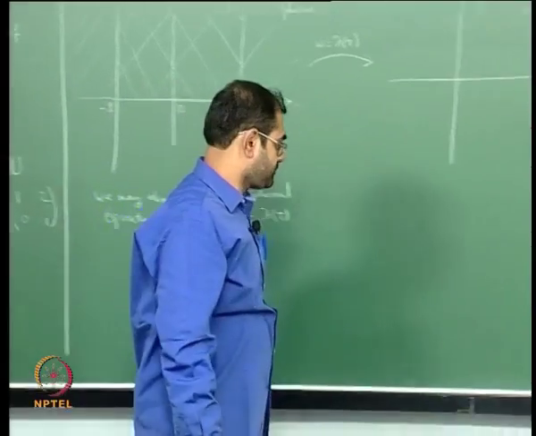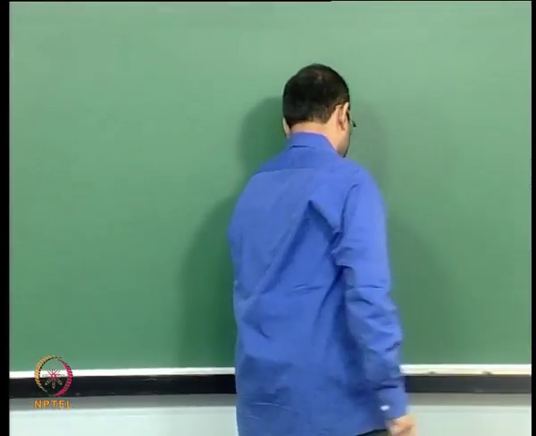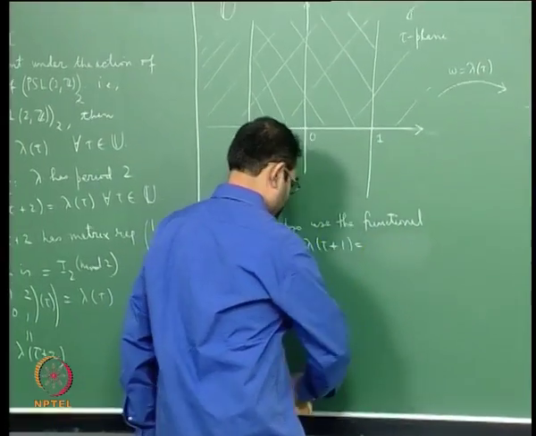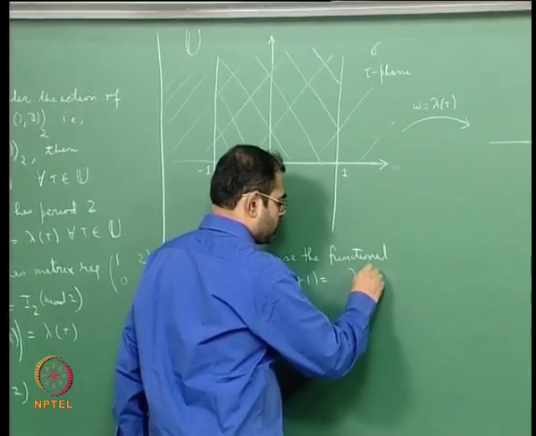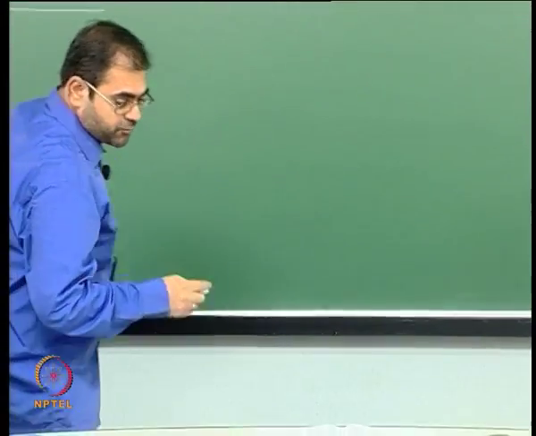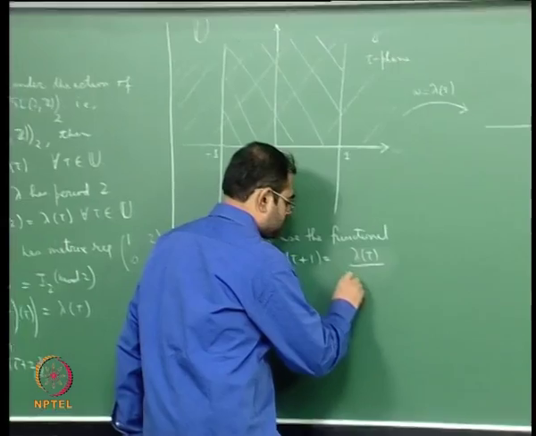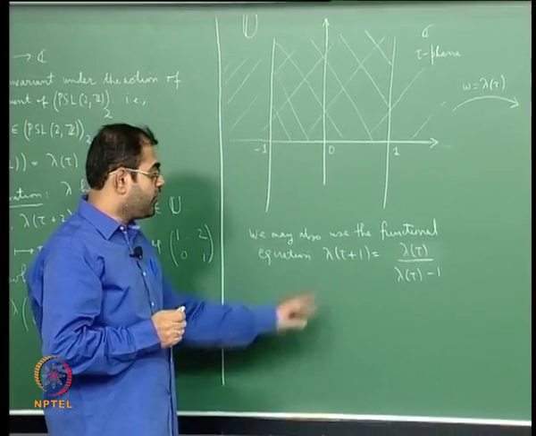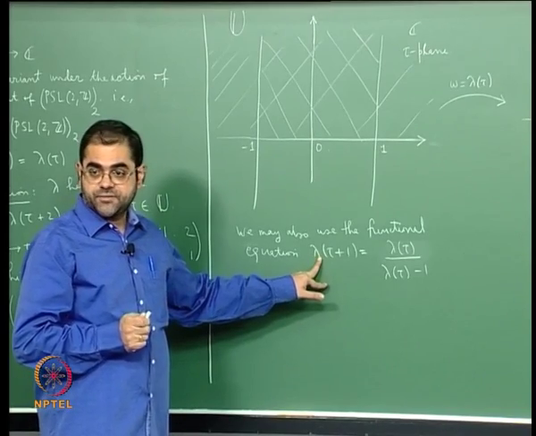That was lambda of minus 1 by tau. So this is lambda tau by lambda tau minus 1, and now you apply this twice.